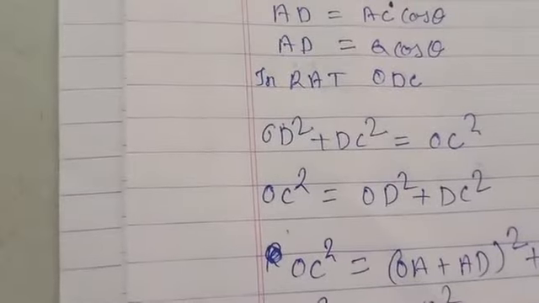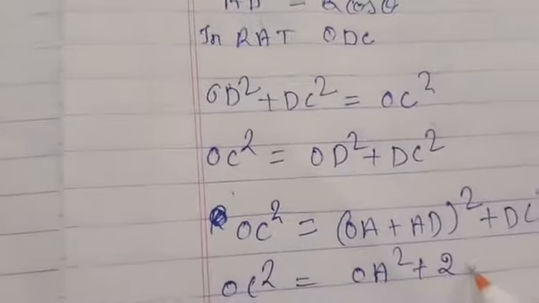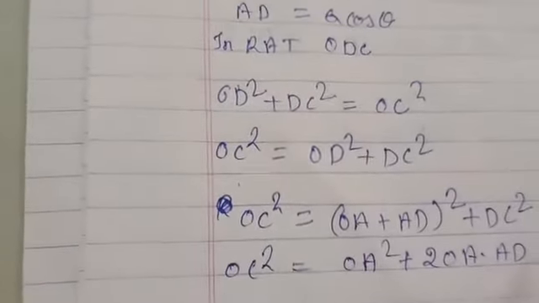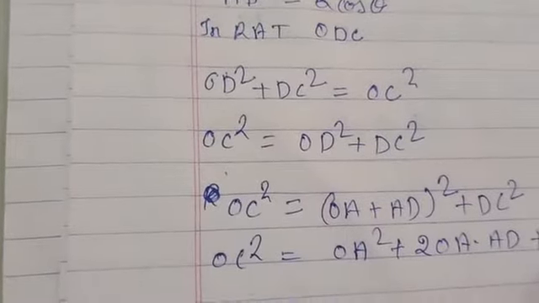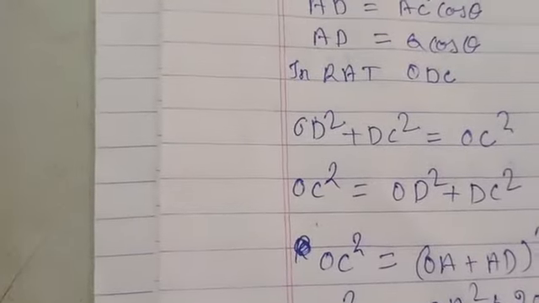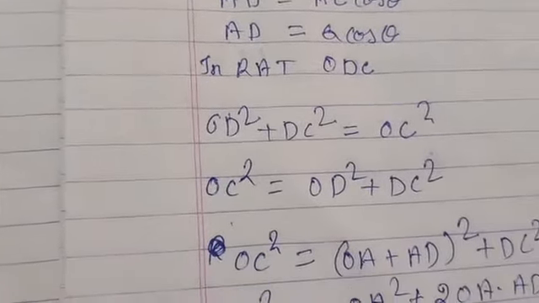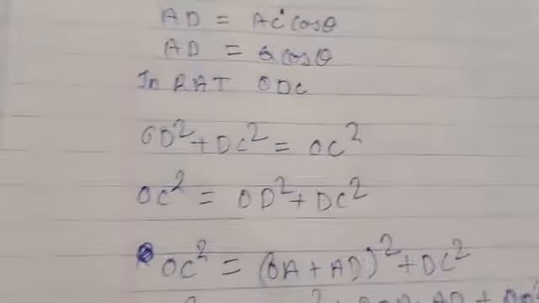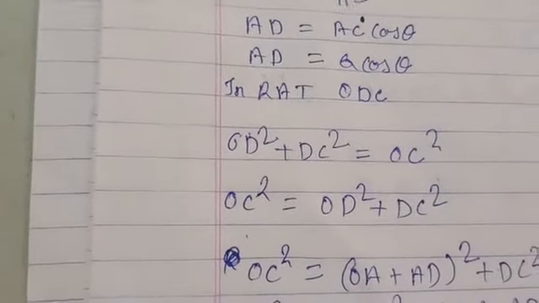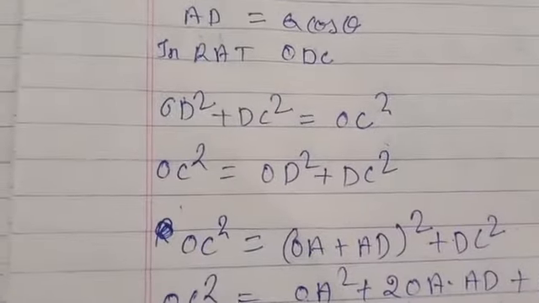So here OC square is equal to OA square plus 2 OA into AD, applying the A plus B of whole square formula, plus AD square plus DC square.